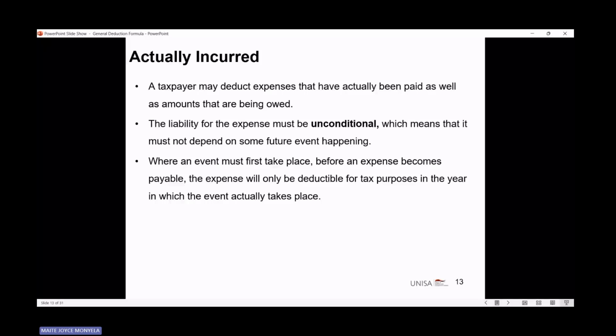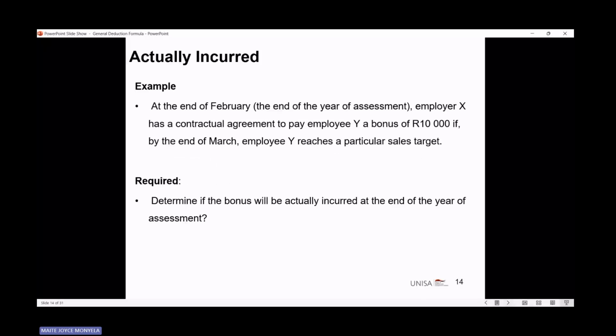So in this example, the end of February is the year of assessment. Employer X has a contractual obligation to pay employee Y by the end of March, and the condition is that employee Y must reach a particular sales target. Determine if the bonus will actually be incurred by the end of the year of assessment.